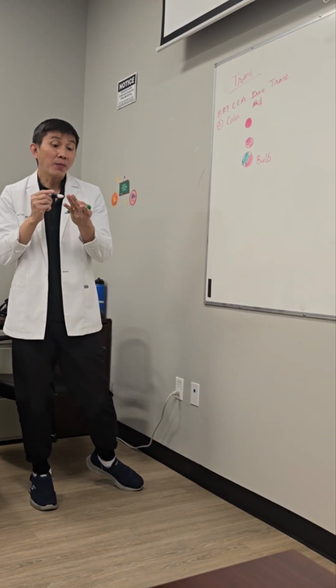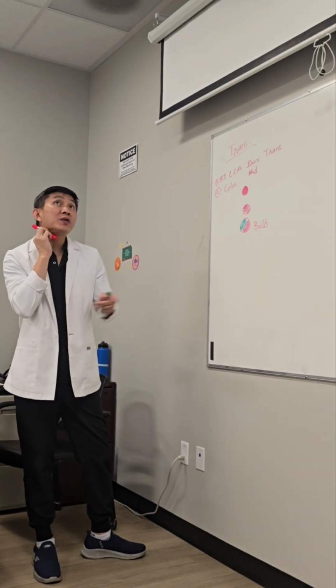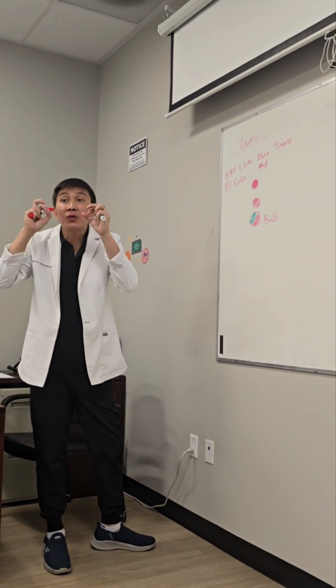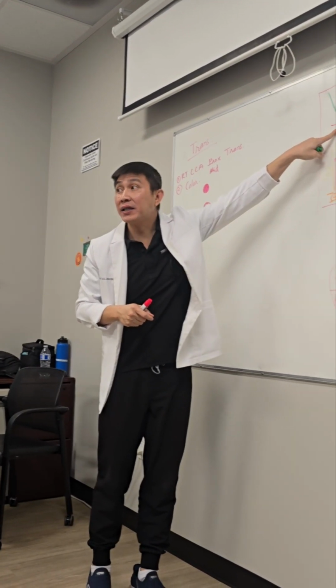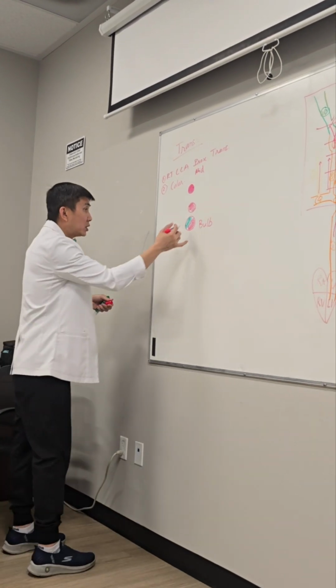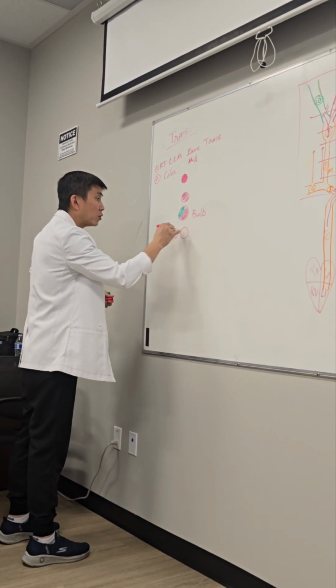And then from the bulb here, you go higher. You will see the bulb split into two circles. That is considered the bifurcation here, ICA and ECA. When you go higher, you're going to see one small and one big.